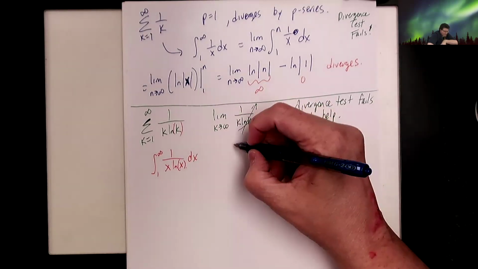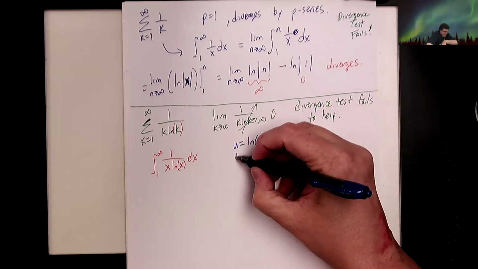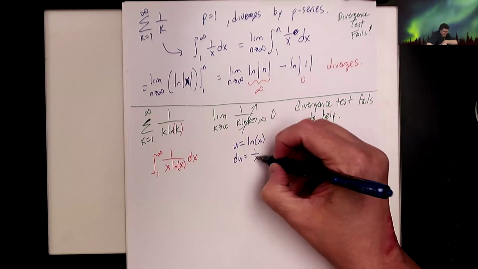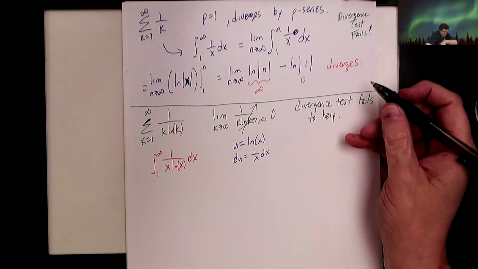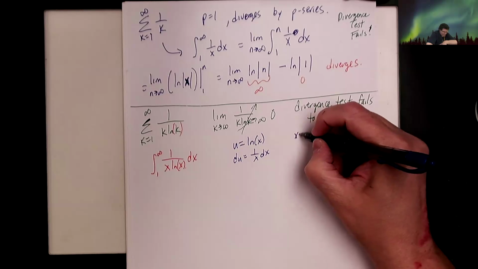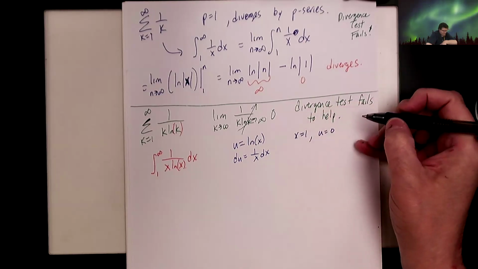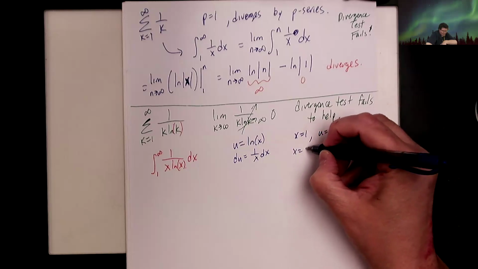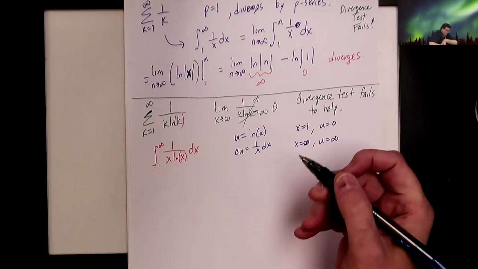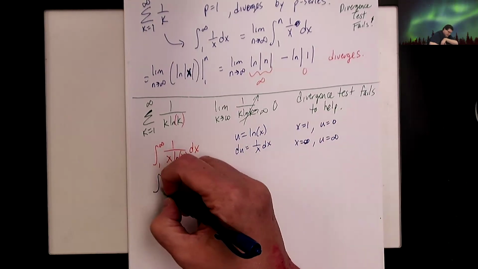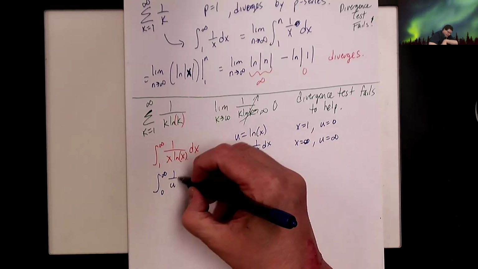So let's do u equals ln of x. So du equals 1 over x dx. And when x equals 1, u equals 0. And when x equals infinity, u equals infinity. So I can rewrite this as the integral from 0 to infinity of 1 over u du.